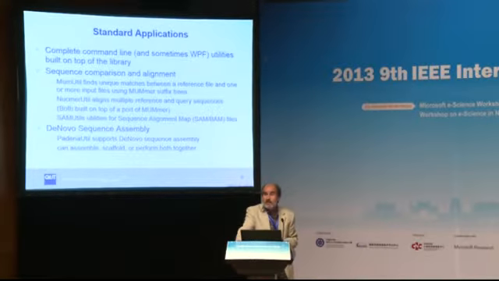These exist for sequence comparison and alignment, so things around MUMmer and NUCmer. Also utilities for working with sequence alignment map files and their equivalent BAM files, and also tools for de novo assembly of sequences from short reads. So that's a thing called PADENA.